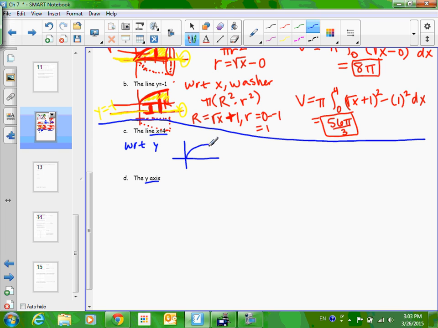Okay, so draw the picture. Okay, 1, 2, 3, 4. And the line, I'm going to make this yellow just to kind of keep with what we've done. That's the line that you're rotating about. So without any visual aids, the only thing you got is to do something like this.